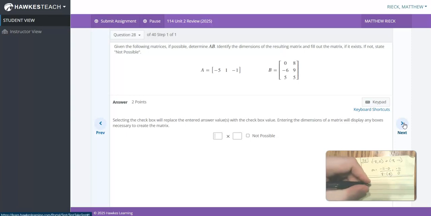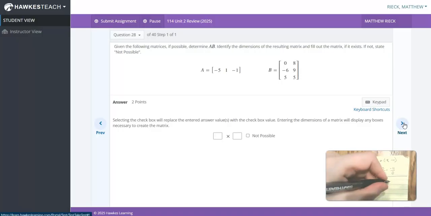So next here, we have the matrix negative 5, 1, negative 1, and we're multiplying it by the matrix 0, 8, negative 6, 9, 5, 5.